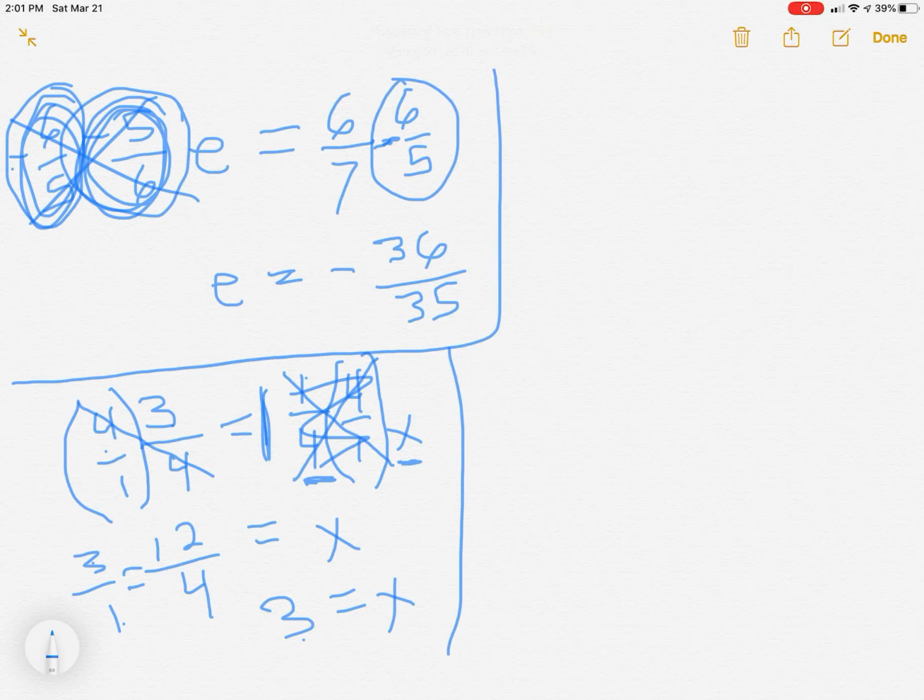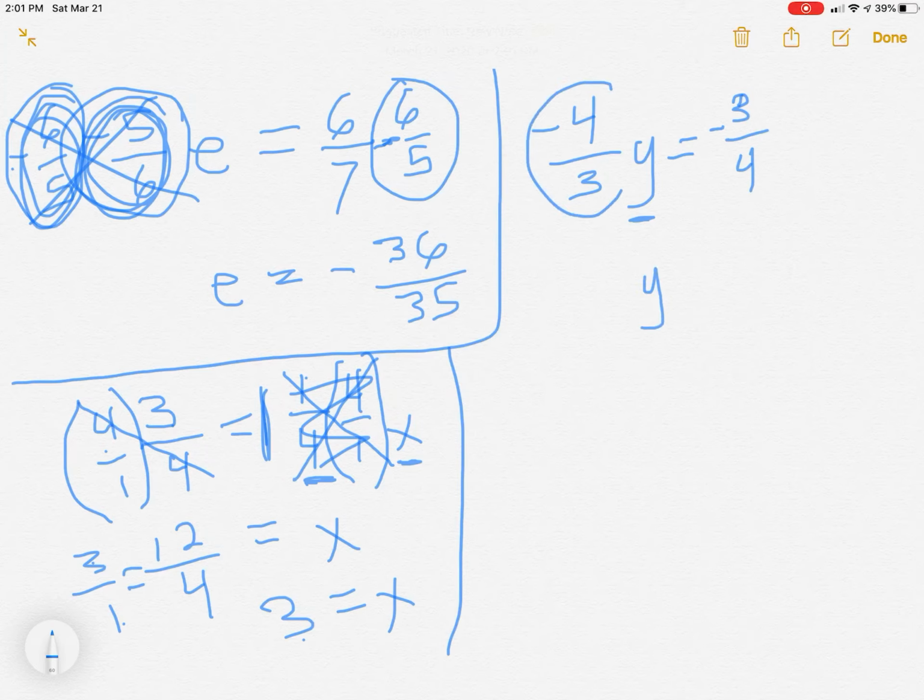So we have, let's see, how about minus 4/3 y is equal to minus 3/4. Okay, so y is what I want to get all by itself on one side.